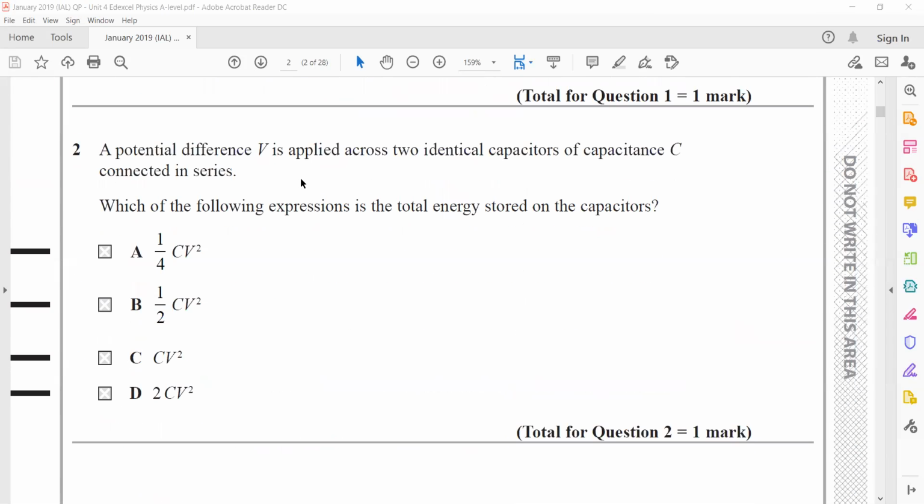The potential V is applied across two identical capacitors of capacitance C, which are connected in series. Which of the following expressions is the total energy stored by the capacitors? So the voltage is applied across two identical capacitors, each having a capacitance C, and they are connected in series with each other.